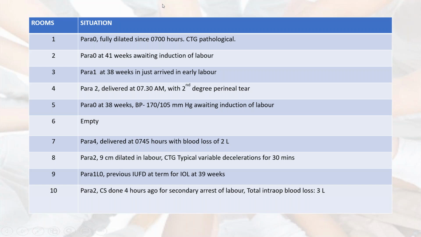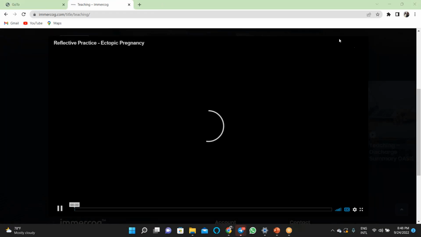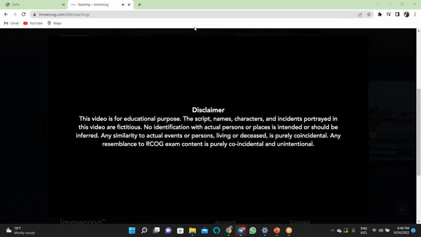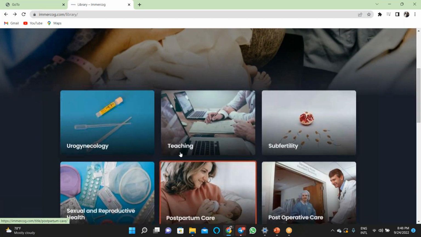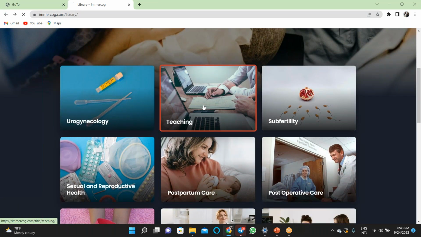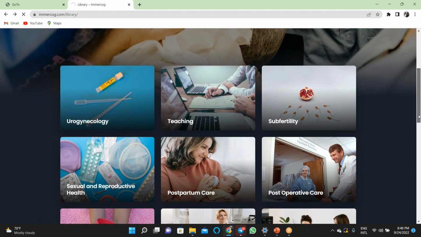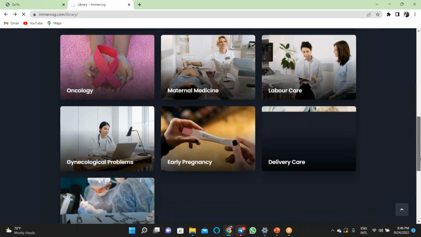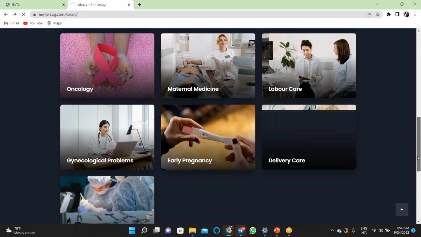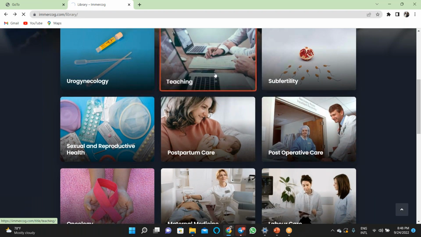Yes, I'm showing it now. As Dr. Uma says, there are various modules. All these stations are arranged module-wise, and we have managed to finish all the recall stations in this resource.